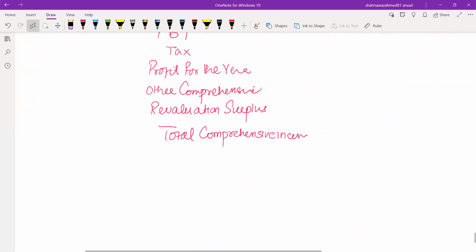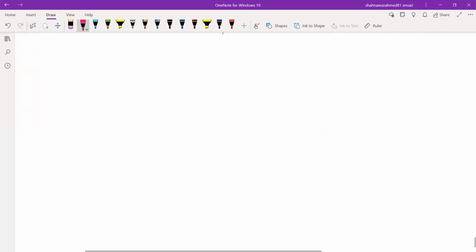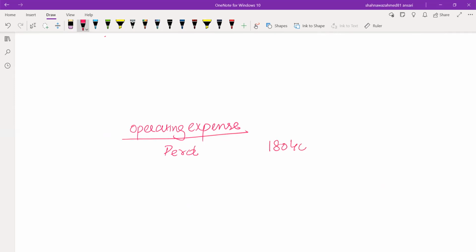Now operating expense, we need to work out operating expense. Suppose this is my operating expense working. We have parent's operating expense, subsidiary's operating expense, and then adjustments. Impairment will increase the operating expense by 300. Depreciation on fair value adjustment, 6 months depreciation.